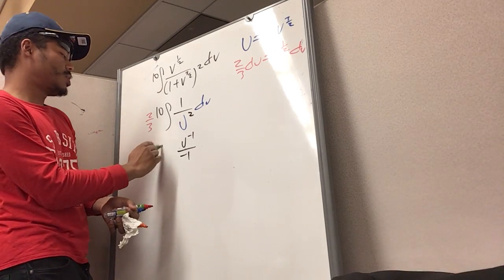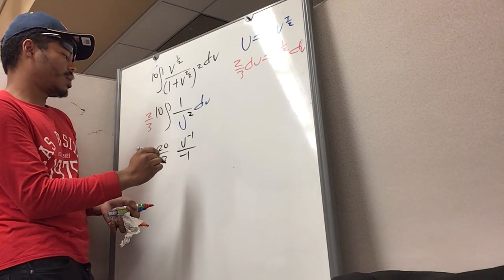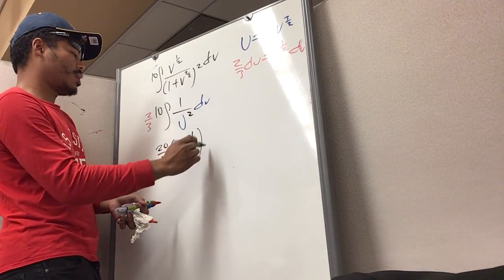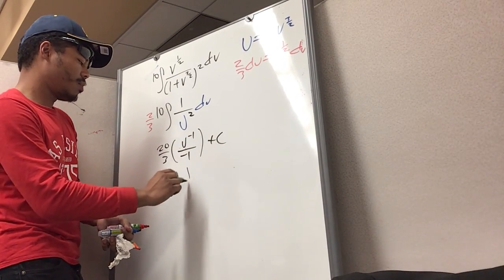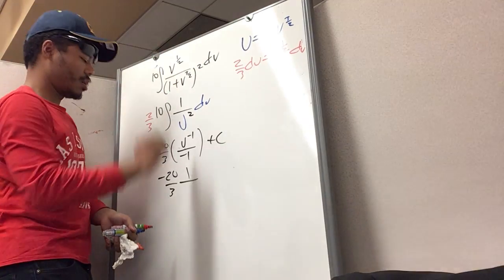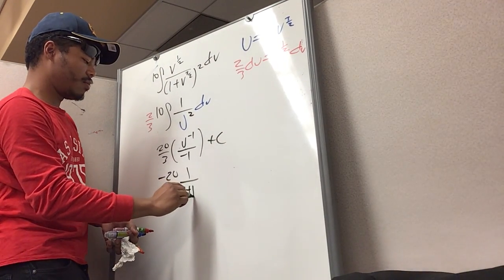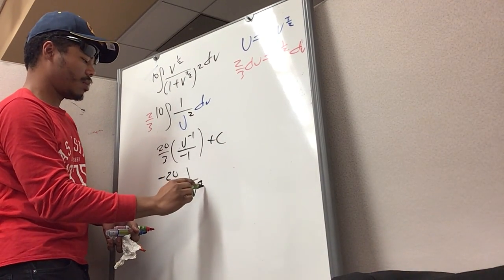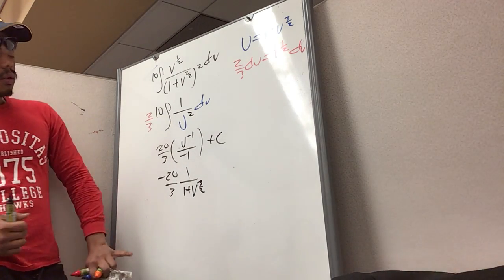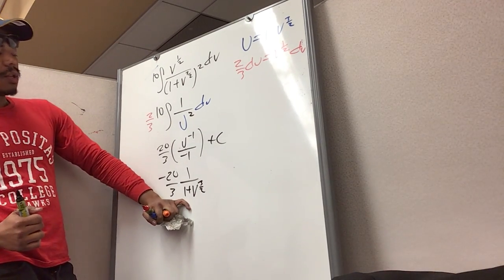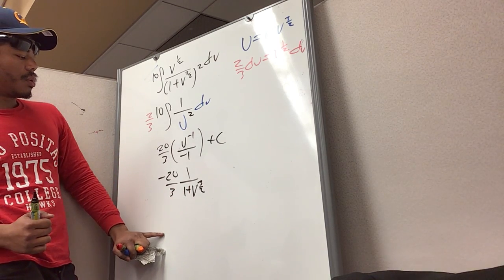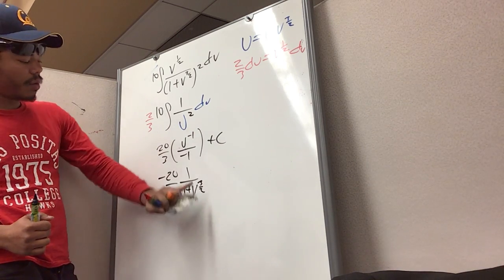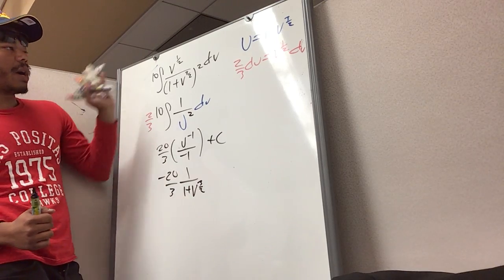So we have 20 over 3 plus c. So -20 over 3, 1 over 1 plus v to the 3 over 2. And on the final exam, you always check your answer, take the derivative, use the chain rule. Yeah, you're going to have to use the chain rule, and it will go back.